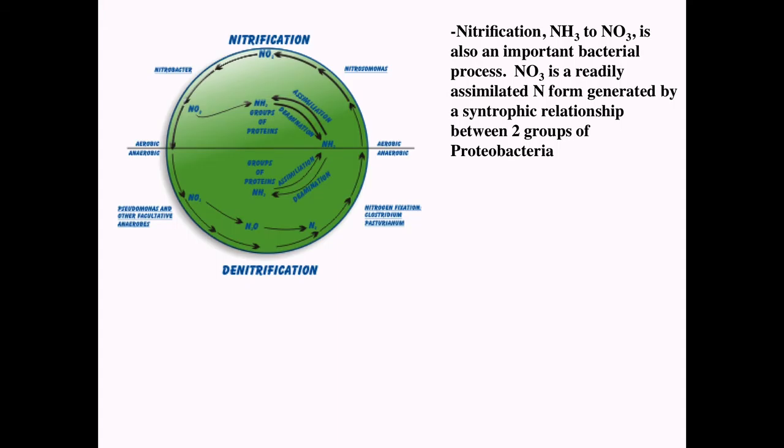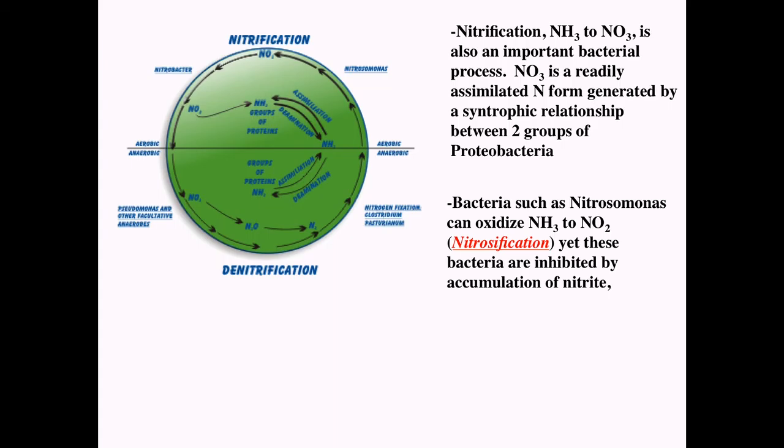The first half of this is done by bacteria which, very conveniently, taxonomists always put the prefix in front of, called, do I have it written here? Here it is, nitroso. When you see the prefix nitroso in front of a genus like Nitrosomonas, that means that bacterium can oxidize ammonia into nitrite.